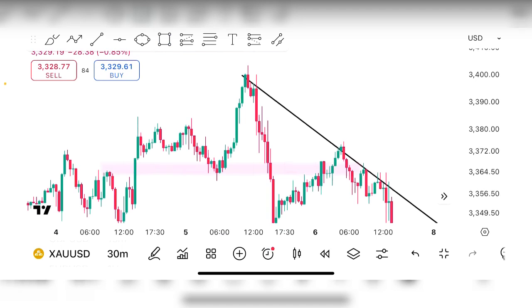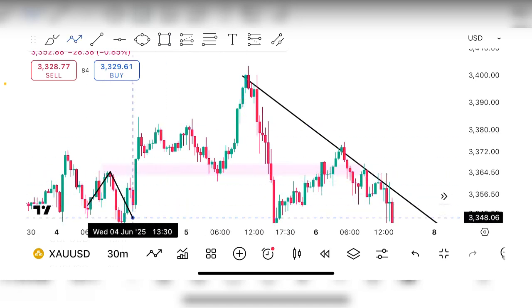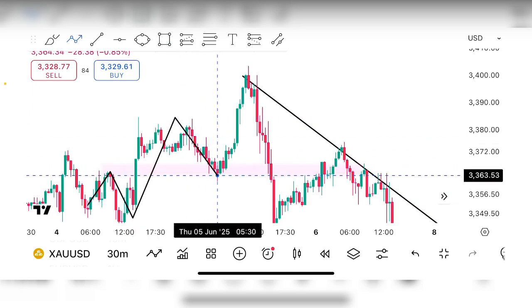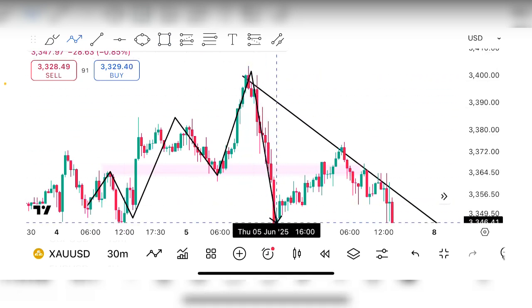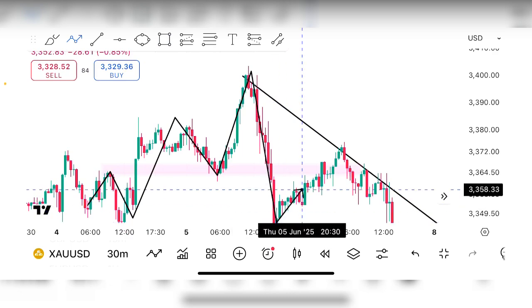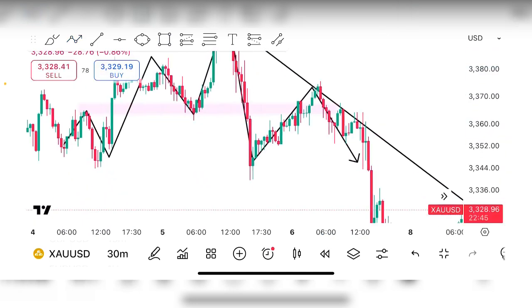So when price came back again, price broke past it and started falling down. You can see.